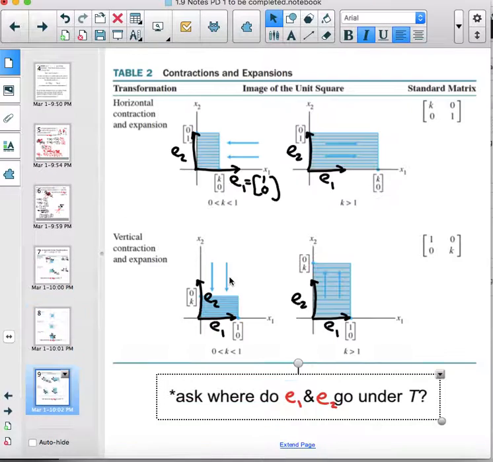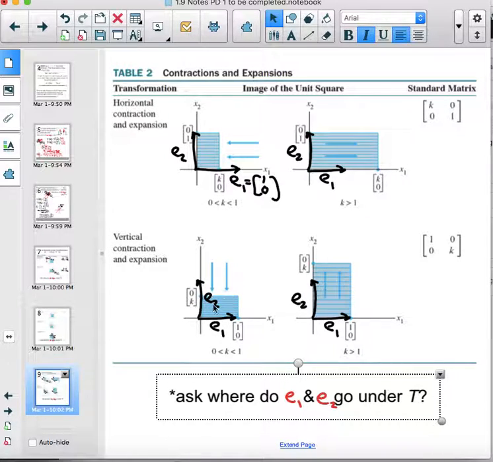Some more transformations are contractions or expansions. In this contraction, E1 goes to, instead of 1, 0, goes to K, 0. E1 is going to K, 0. Did E2 change at all? Nope. E2 stays the same as 0, 1, only E1 changes.